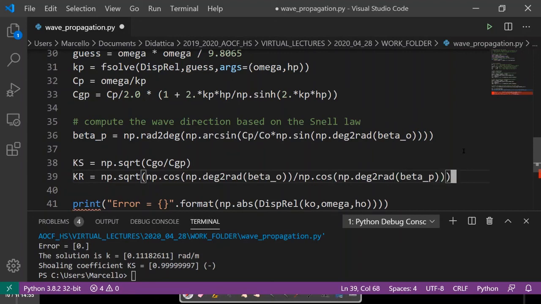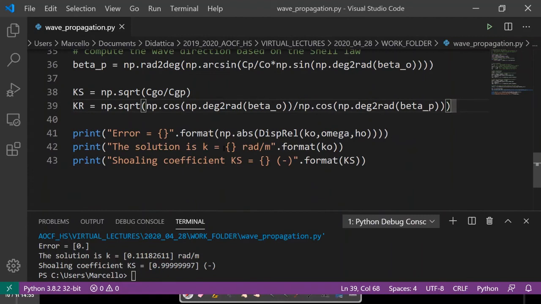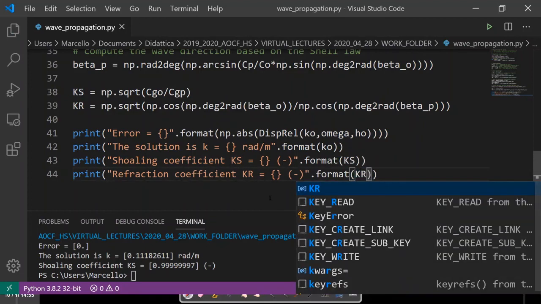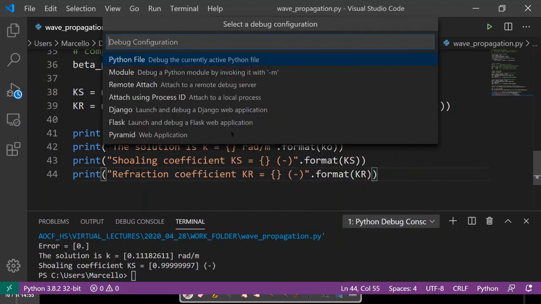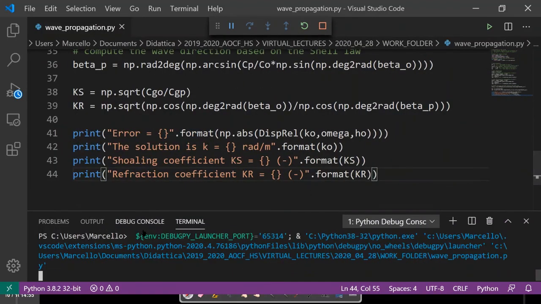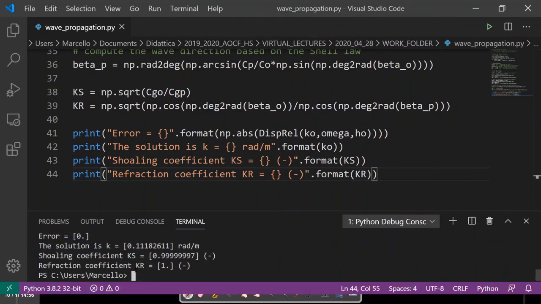And I guess, okay. Then we can write also the refraction coefficient Kr, and here we write Kr. Now, if we have written correctly the script, we should have both the value of Ks and the value of Kr.